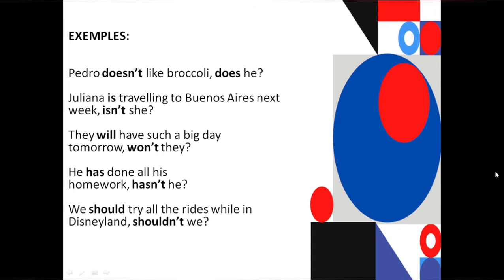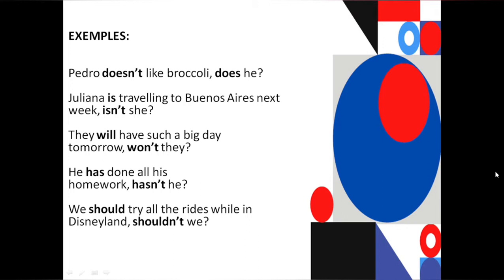Guys, notice that when my auxiliary or my verb is in the affirmative, my tag question will be in the negative. Like here in the first example: Pedro doesn't like broccoli, does he? When my auxiliary or my verb is in the negative, my tag question will come in the affirmative. I think we don't have a negative one here, but here it is in the affirmative.